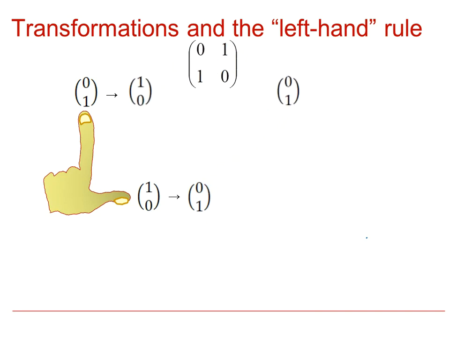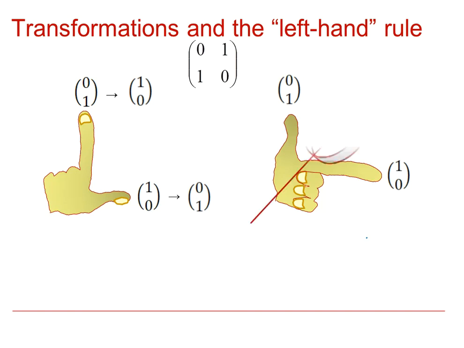So our thumb will end up at (0, 1), which is the first column of the matrix. Our index finger is going to end up at (1, 0), which is the second column of the matrix. And that's what your hand should look like now. Your thumb pointing towards (0, 1), your index finger pointing to (1, 0).